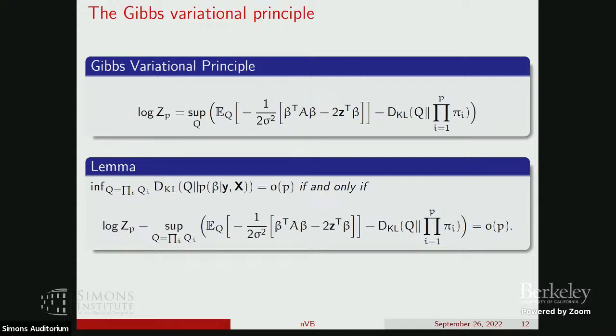But before I get there, I should recount this well-known fact, essentially from convex analysis, which says that if you look at the log normalizing constant for this model, it has this variational representation, and this is essentially convex duality in the case of exponential families.